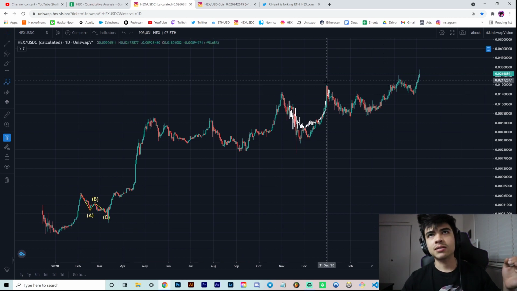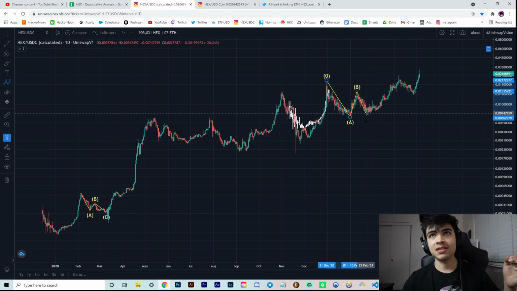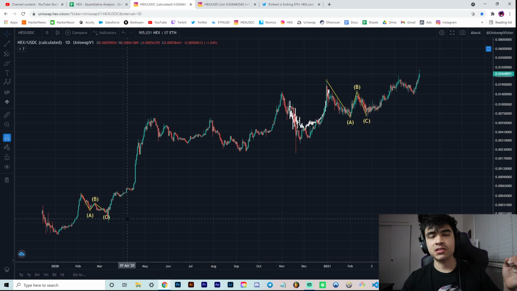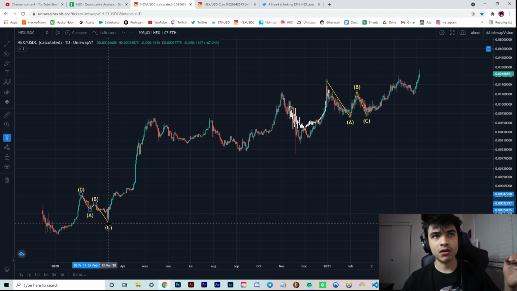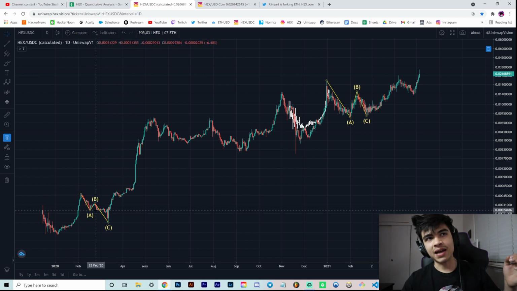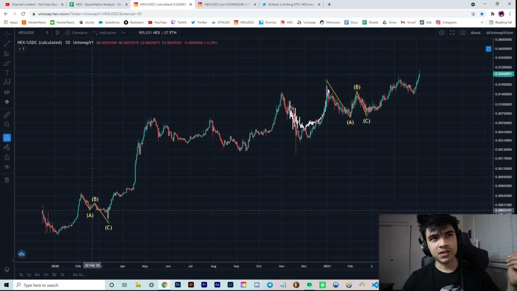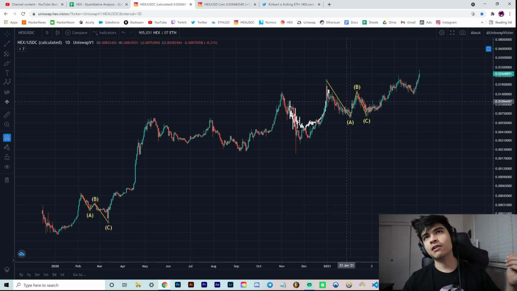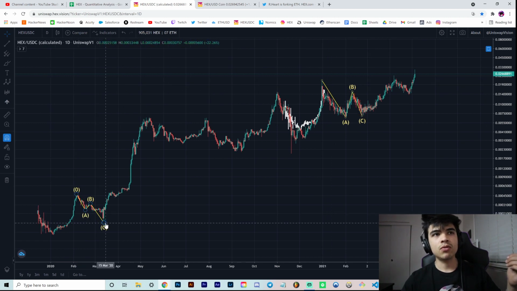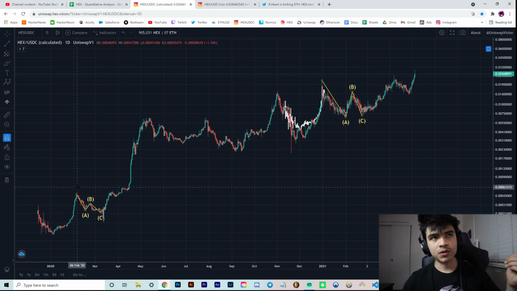So instead of seeing a capitulation to the downside as heavy as that, we rather saw a sort of flatter ABC correction here. Whereas again, back here you could argue it was an actual ABC correction where it wasn't flat, but rather, I think this is called the zigzag, okay, where the bottom of the C wave actually dips beneath the A wave, but it can also be flat like this.